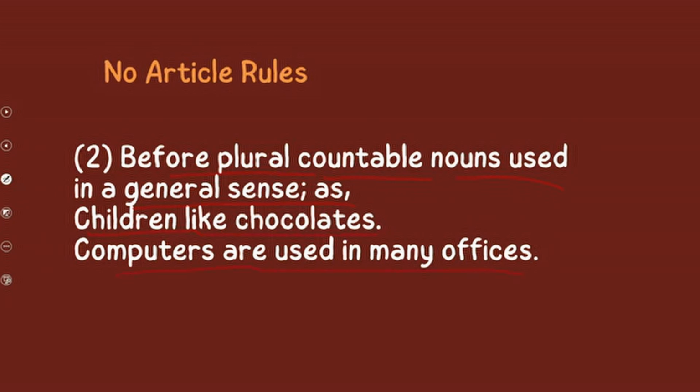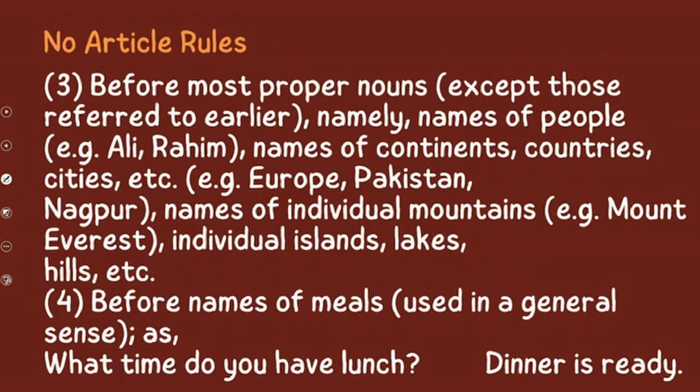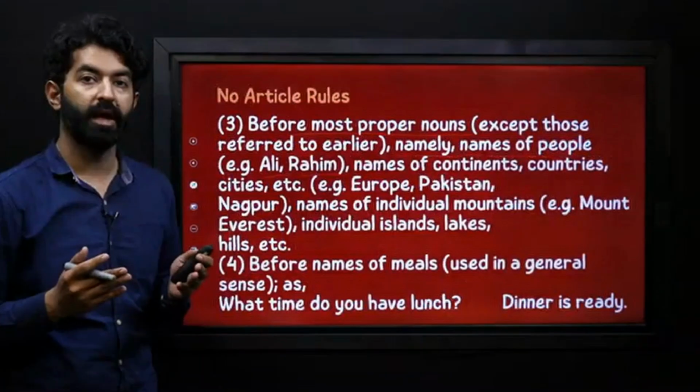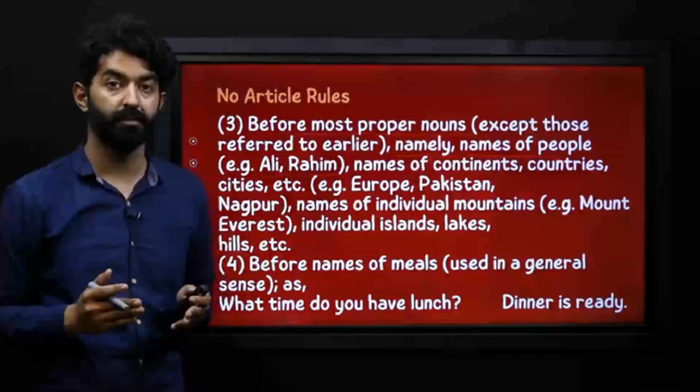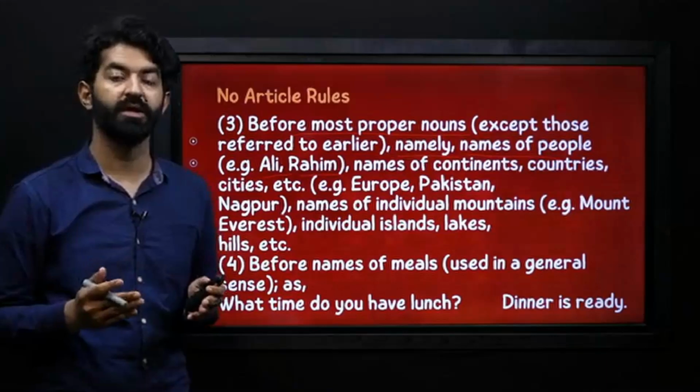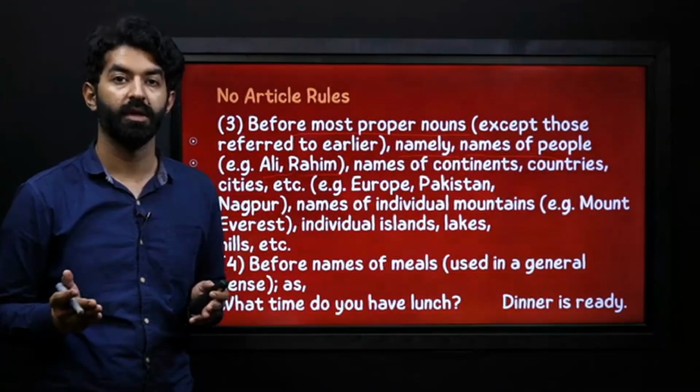So here we did not use any article as well. Then we have rule number 3, which is before most proper nouns except those referred to earlier, namely names of people. For example, Ali, Rahim, we will not use any article before the name. For example, you cannot say the Ali visits me today.